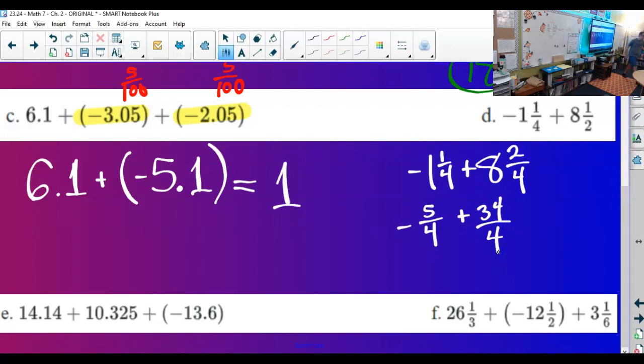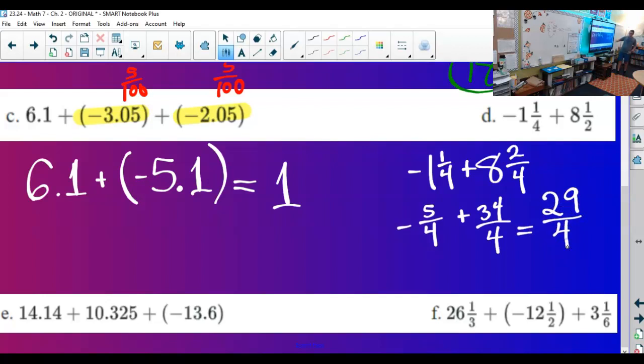So guys, improper fractions is a great way to make sure that we don't mess up with the mixed numbers. Because guys, mixed numbers are tricky. I will tell you, mixed numbers are tricky. So if I have a negative 5 and a positive 34, who's going to win, the negative or the positive? Positive. The positive by how much? 9.